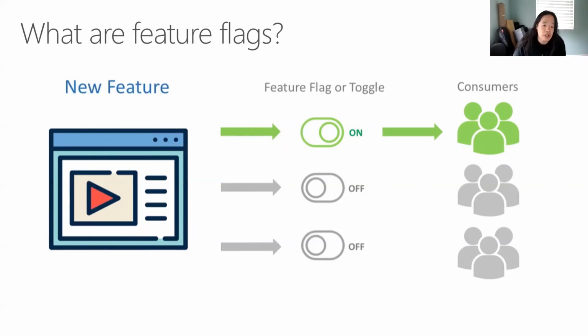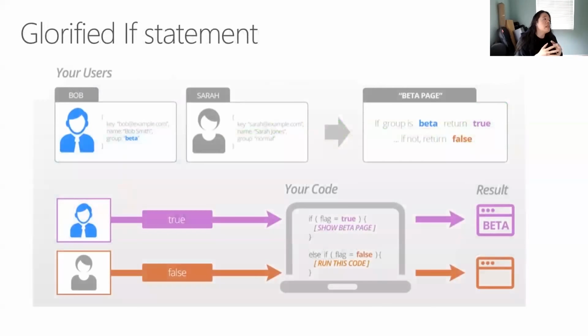And really, it's a glorified if statement. I mean, we can try to make it really fancy, but at the end of the day, it's an if statement. And by having these feature flags, in one deployment you can now ship alternative code paths. So during runtime, that's when you can pick which path you want to go to, right?